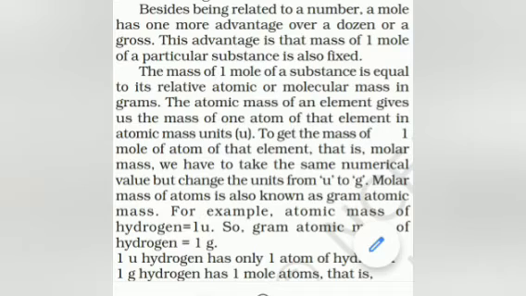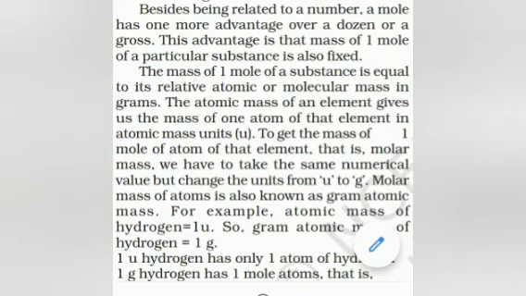The mass of 1 mole of a substance is equal to its relative atomic or molecular mass in grams. The atomic mass of an element gives us the mass of one atom of that element in atomic mass unit, that is u. To get the mass of 1 mole of atoms of that element, that is molar mass, we take the same numerical value but change the unit from u to gram.